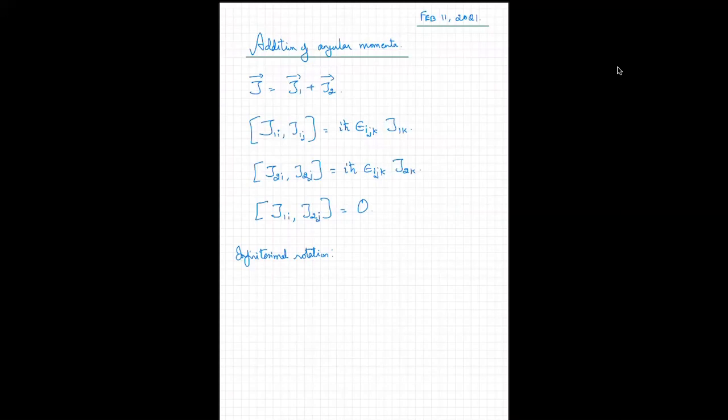So this infinitesimal rotation U, acting on some direction n cap by delta theta, would be 1 minus i J dot n delta theta divided by h bar, right?